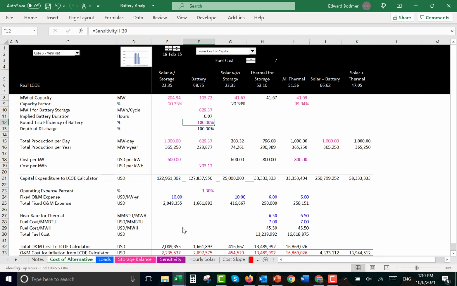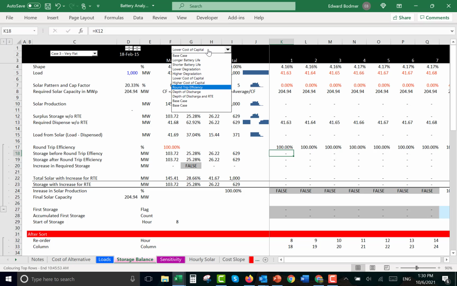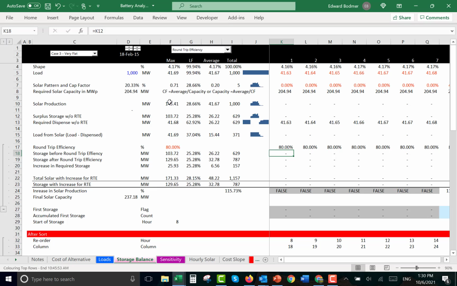Now, when we model the loads, I suppose my initial objective of this whole analysis was to make it really, really simple, and I ended up, and that's maybe because it is a little more complicated, we have to, if we have some round trip efficiency losses.